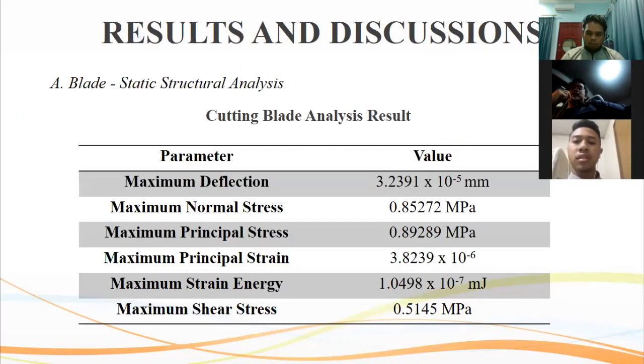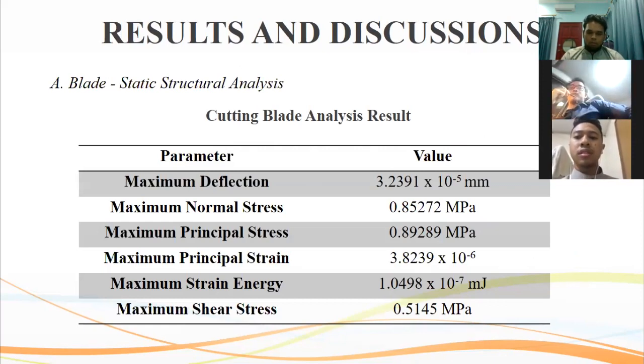After we did the analysis, this is the result that we get: the maximum deflection, normal stress, maximum stress, strain energy, and shear stress. We can see here the maximum deflection is quite small and almost unnoticeable.